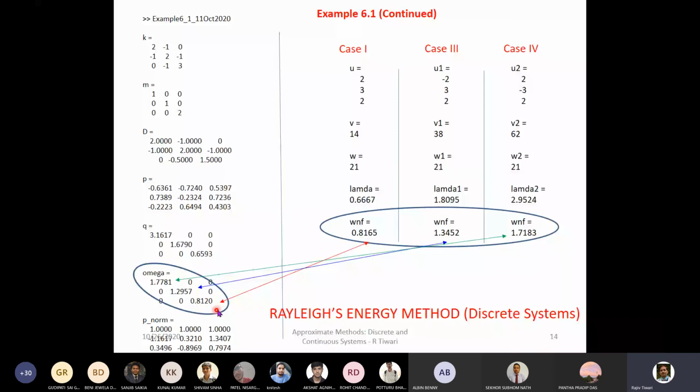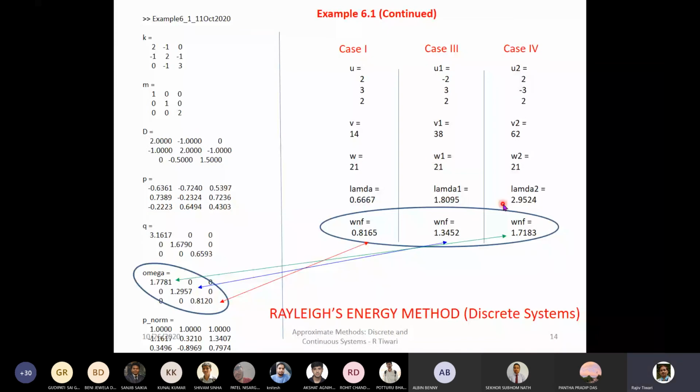Then we use the approximate eigenvectors 1, 2, 3, and use the energy method to get the natural frequency. The comparison of whatever calculation has been done is shown here. This is from first, second, and third, and we can compare this with the exact one. For the discrete system, the code is simple, but all repetitive operations can be avoided.